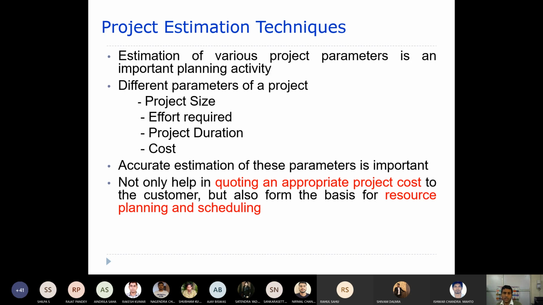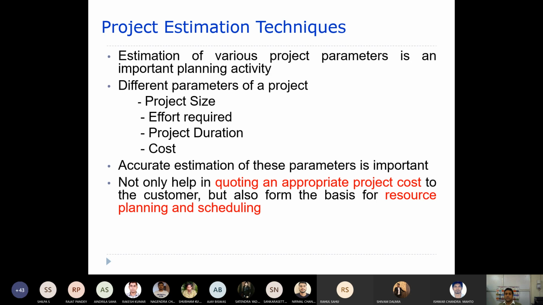So project size is one, effort required, how much effort you really require for a particular project, how much duration is required to develop that project, and how much cost it will require. These things need to be estimated at the very beginning of the project, so accurate estimation of these parameters is very important.